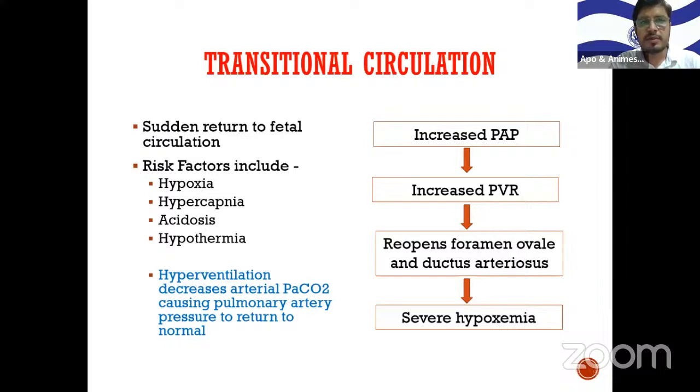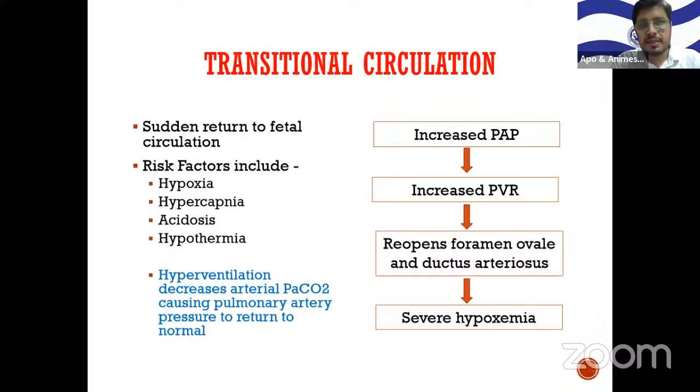Now, this new circulation is quite fragile, and especially in preterm neonates, there are factors which can reverse these changes. This sudden return to the fetal circulation, we call transitional circulation. The main risk factors which lead to this transitional circulation are hypoxia, hypercapnia, acidosis, and hypothermia.